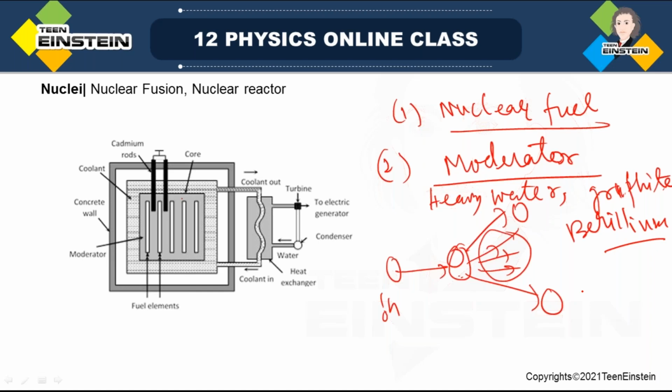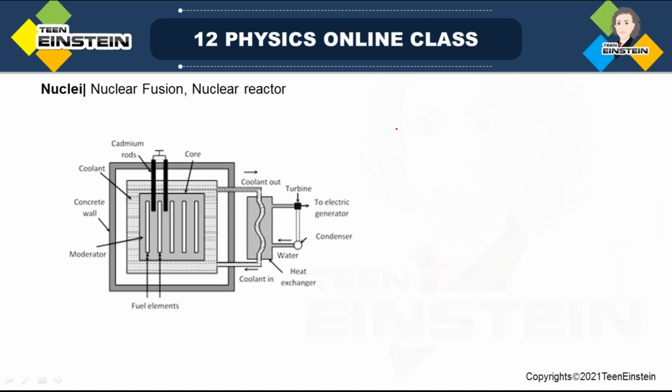Now there will be control rods. So the third is the control rod. As the name indicates, these are the rods which are used to control the reaction. How? These control rods can control the number of neutrons.